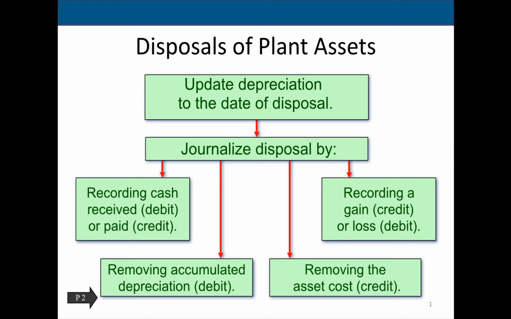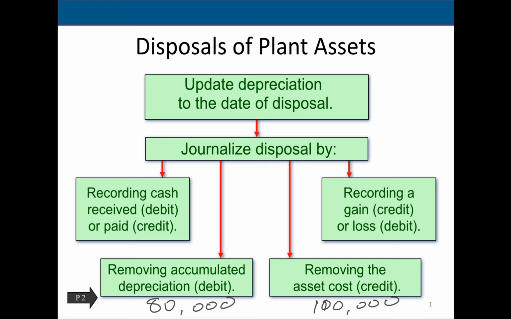Okay? About $100,000 to start. And let's say I have $80,000 in accumulated depreciation. Just looking at those two numbers, we know that the book value of this asset is $20,000, the difference between those two.